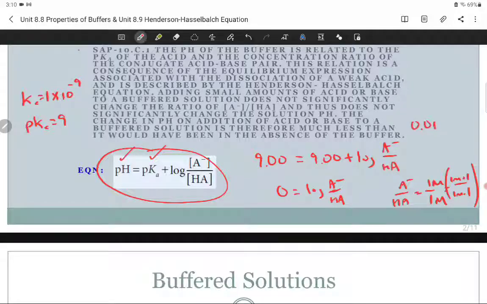So maybe 0.01 divided by 0.01. Now you could take those moles and turn them into grams, and those grams possibly could be small enough that you could actually dissolve in water. Maybe you're trying to make 100 milliliters of this solution. You can't dissolve an unlimited number of grams in a certain volume. So sometimes you might have to manipulate that ratio to get it into some kind of manageable number.